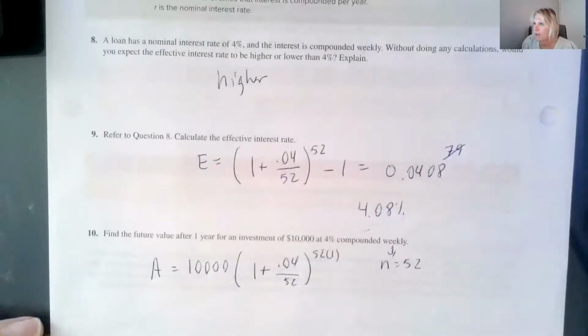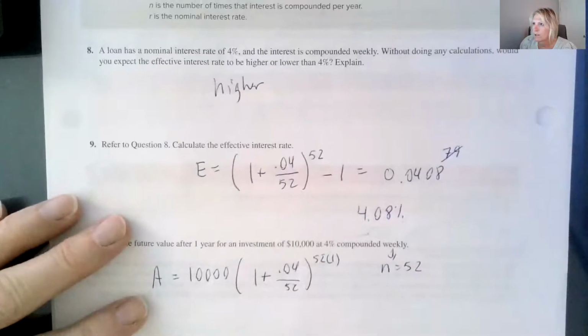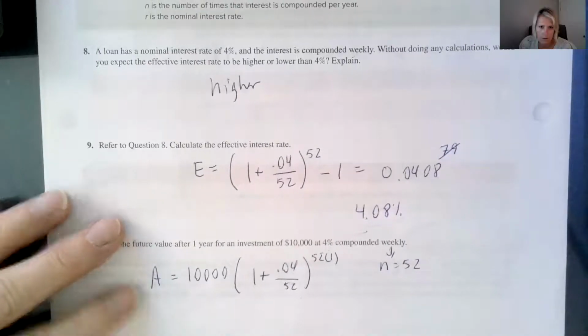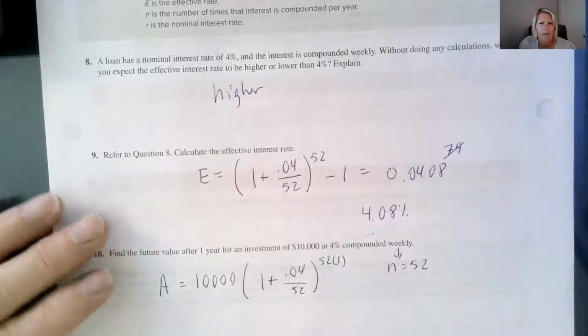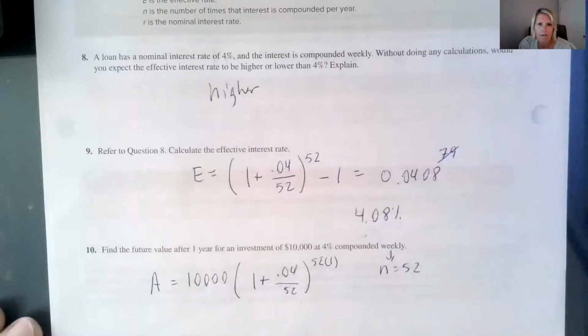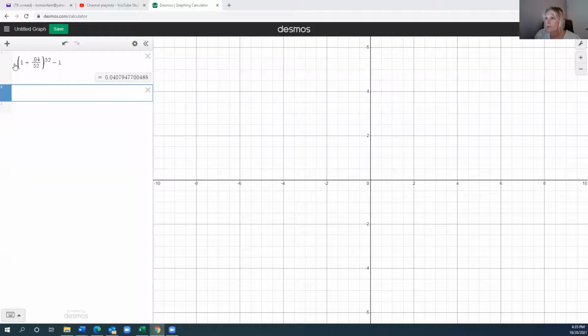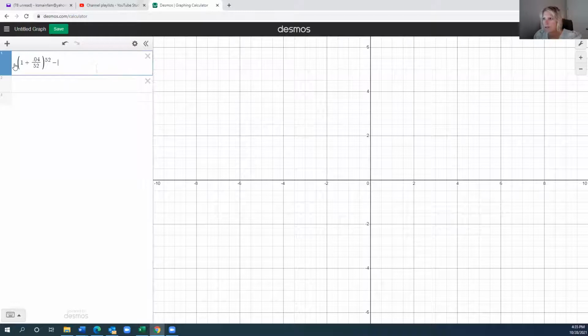Okay, so I'm going to go to Desmos. And I'm just going to go up here and delete the -1, and then in front of that, times by my 10,000.